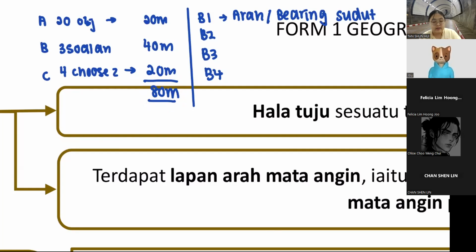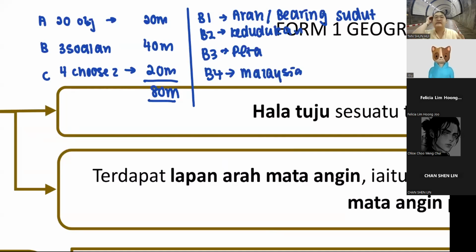All right. Now, Bab 2, you will actually learn about kedudukan, the locations. Bab 3, you learn about the basics of Britain, and Bab 4, you learn about the Malaysia map. And if your exam has Bab 5 and Bab 6, your teacher is going to give you the full format.